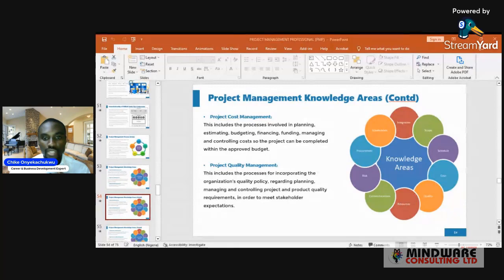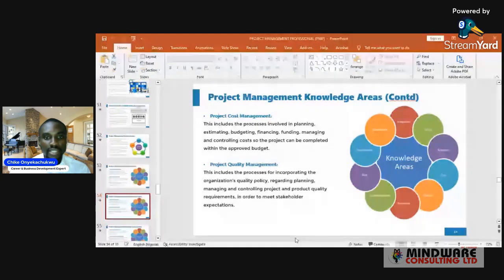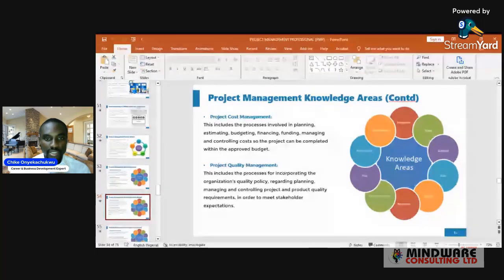Okay, next is project quality management. This includes the processes for incorporating the organization's quality policy regarding planning, managing, and controlling projects and product quality requirements. At the beginning of your project, you definitely have expectations, you have your target, you have your objectives from your stakeholders, okay?